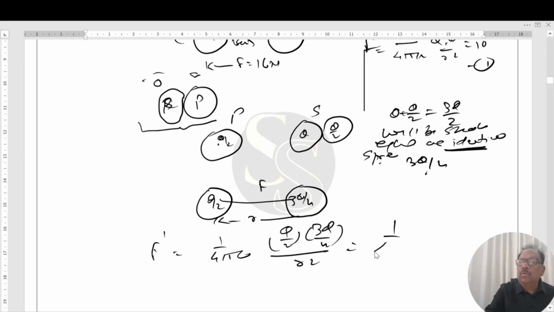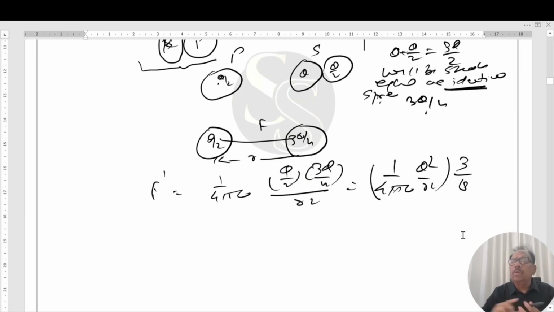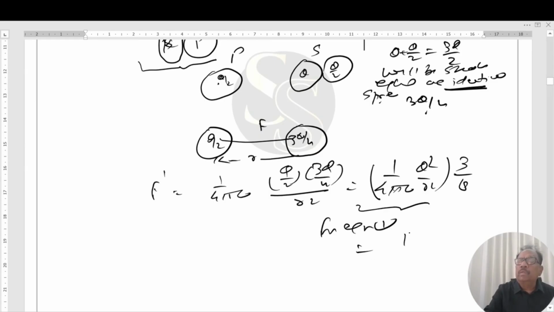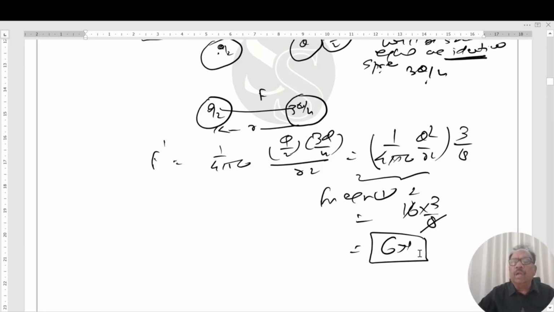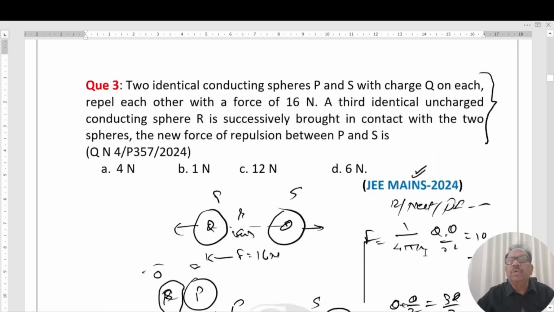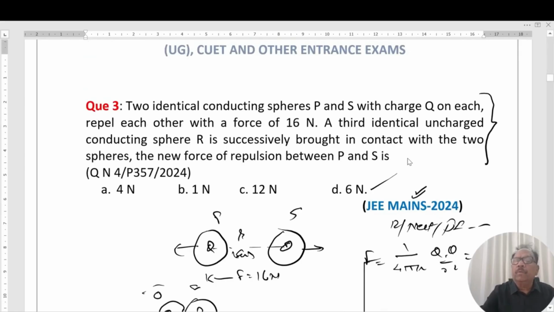That comes out to be 1 over 4 pi epsilon naught Q square by R square into 3/8. From equation 1, we get 16 into 3/8, that is 6 Newton. That means the force of repulsion will be 6 Newton. That is the D option.